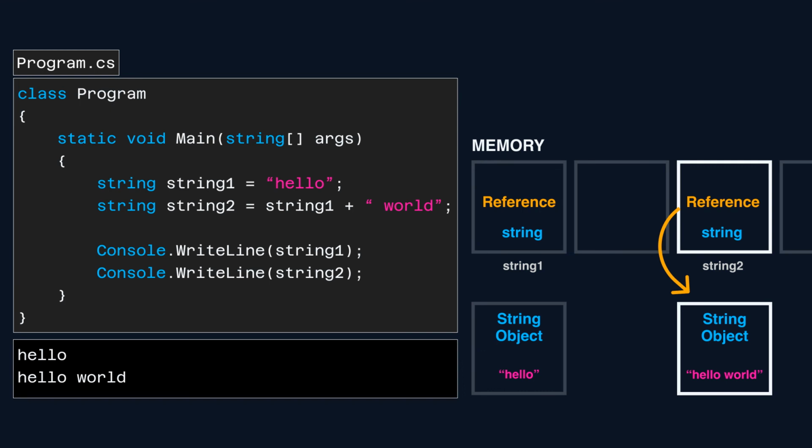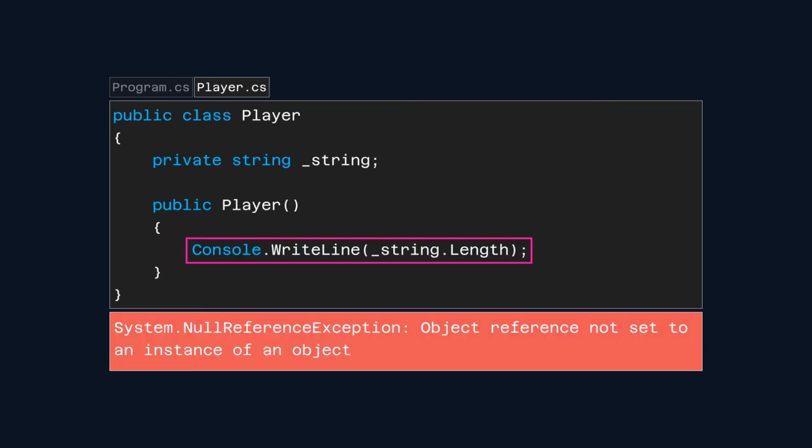Instead, we are creating a new one resulting from the concatenation between the original string and the new value. The first string remains unchanged. So, while it's not exactly what's happening under the hood, strings behave more similarly to value type variables when copying values. However, please notice that in terms of initialization, nothing changes. If you try to perform some operation on a string that is not initialized, you will get a null reference exception.